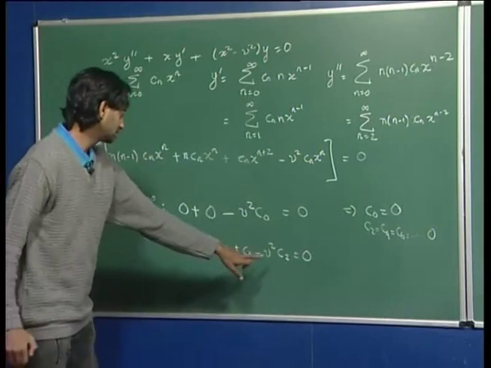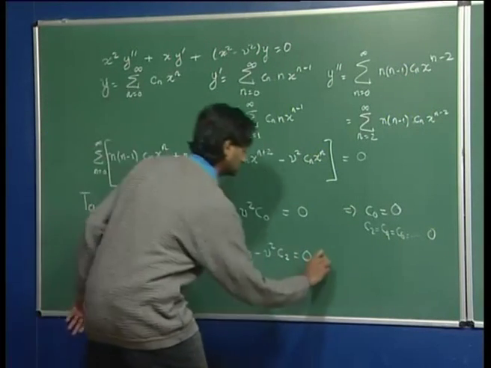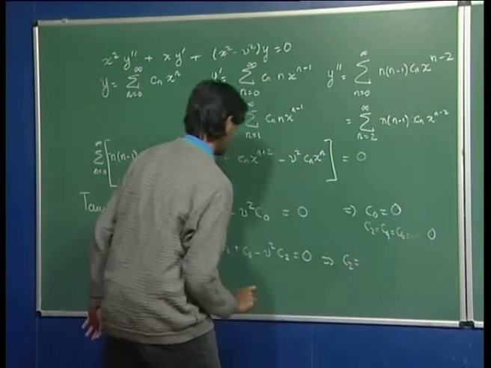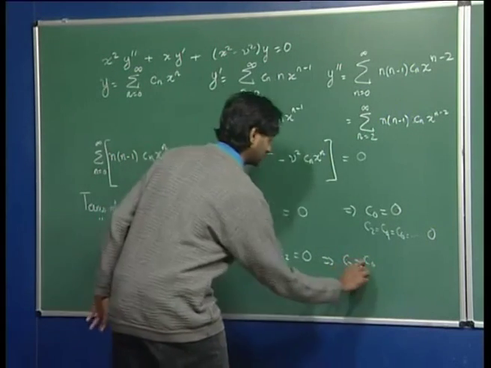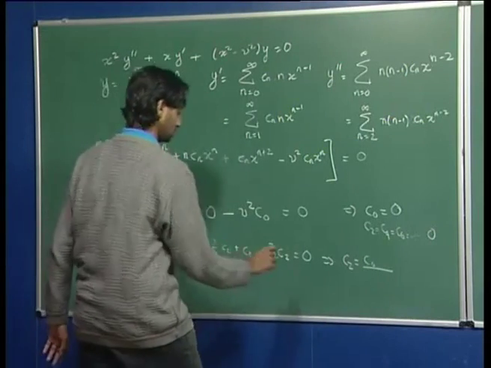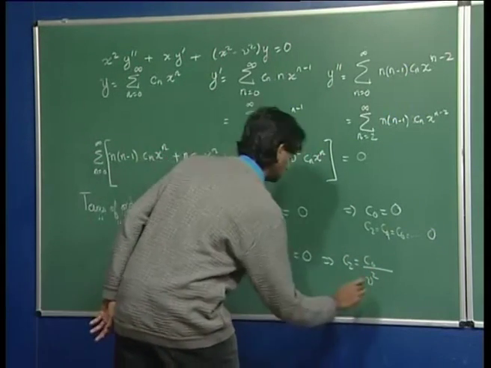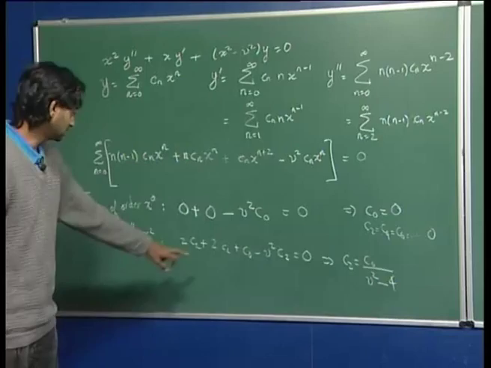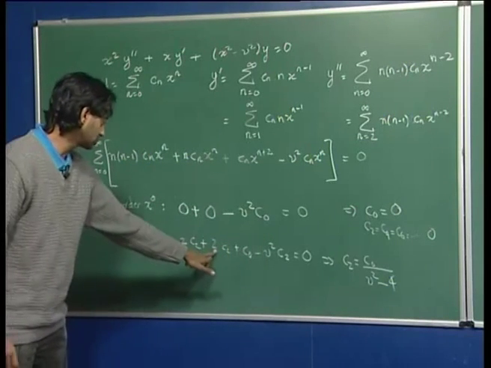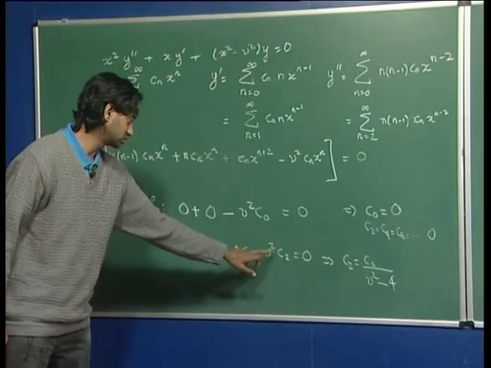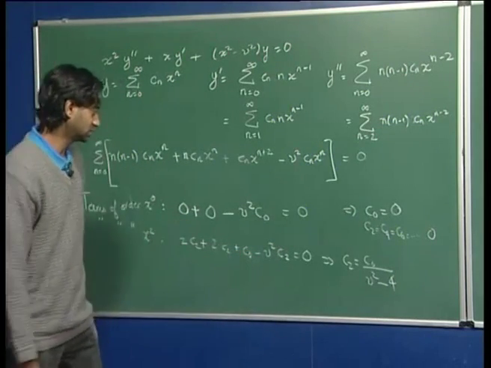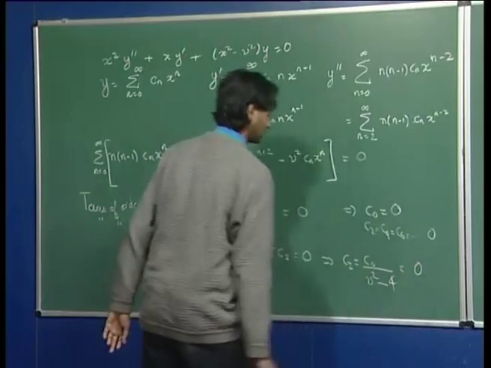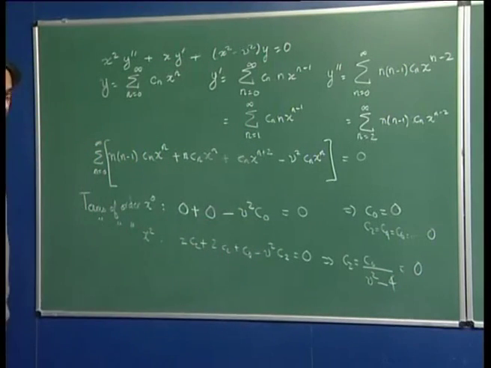So, that implies that 4 C 2 minus nu square C 2 plus C 0 equal to 0, so C 2 is equal to C 0 divided by nu square minus 4, which is 0, and similarly you can show all the even terms go to 0. So, basically all the even terms go to 0.